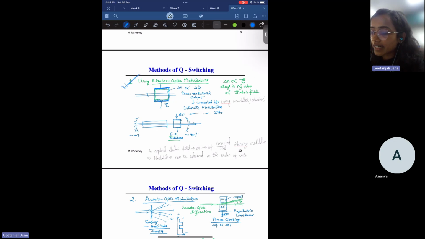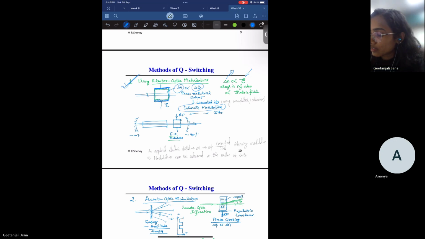When we apply an electric field to this electro-optic modulator, we'll see a change in the refractive index of the material. According to the strength of the electric field, we'll see a change in refractive index of the material. And this change in refractive index will induce a change in phase of the output. So these are directly correlated. This phase modulated beam can be transformed to an intensity modulated beam using a wave plate or polarizer.